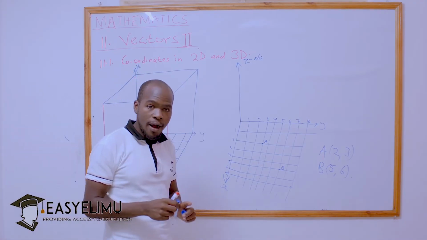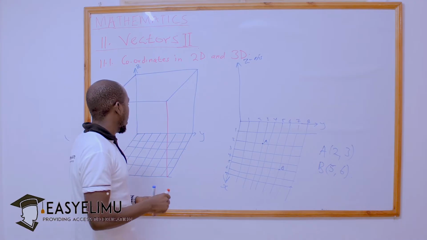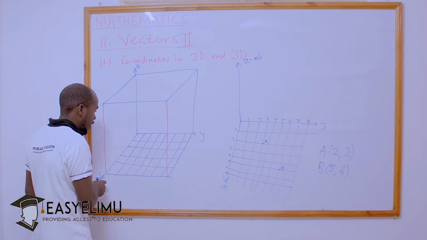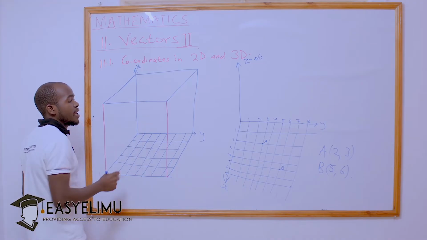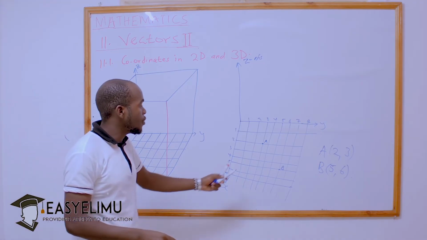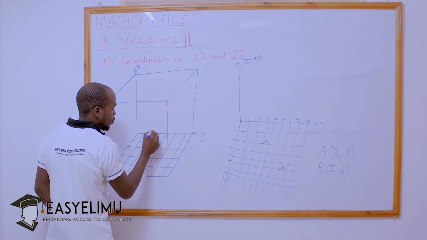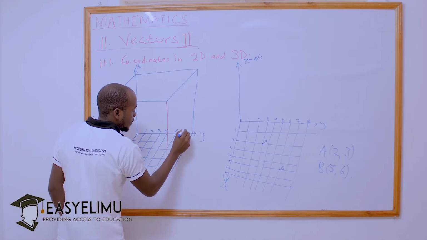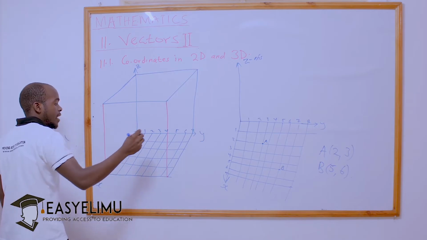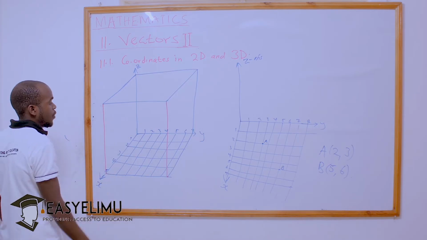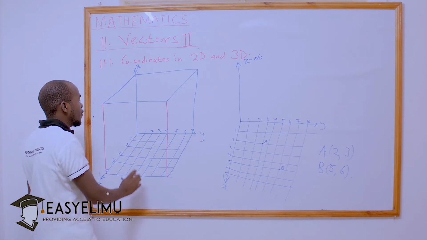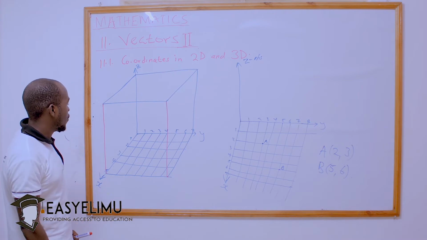We shall have a box, and this is x, this is y, and this is z. Here the numbers are 1, 2, 3, 4, 5, 6, 7 along y, and this one is the x-axis. For z, it goes in the upward direction.